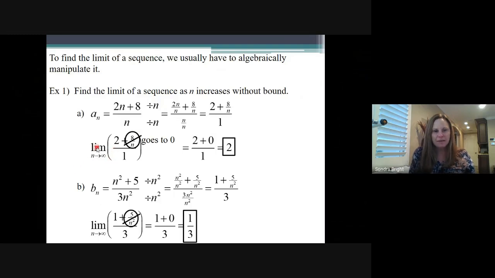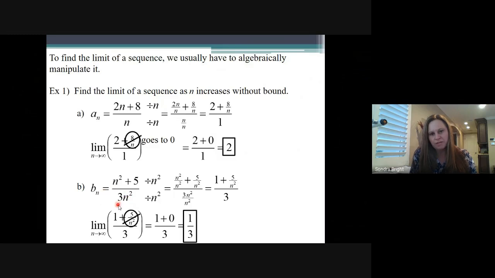I just want to point out the rules for horizontal asymptotes, if you remember those, you probably don't. I'll refresh your memory right now. When the degree on top was the same as the degree on the bottom, the horizontal asymptote was y equals the leading coefficients, 2 over 1. Not a coinky dink. Over here, you have n squared over n squared, same degree on top and bottom, and your leading coefficients are 1 over 3.